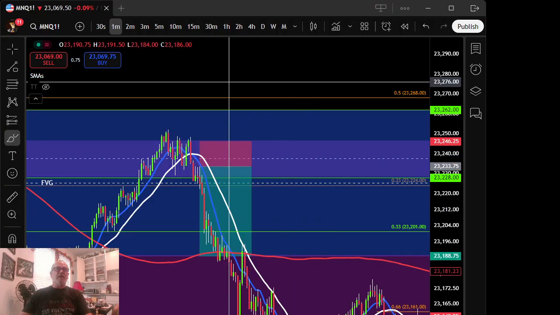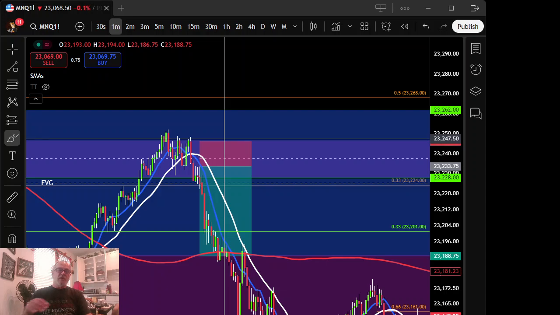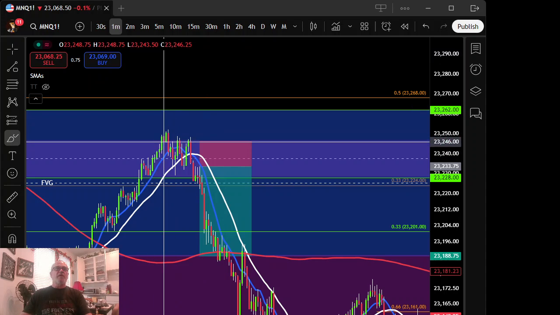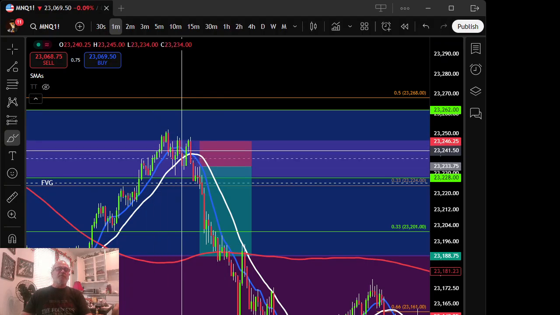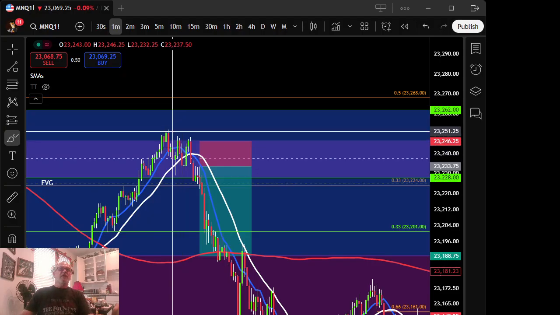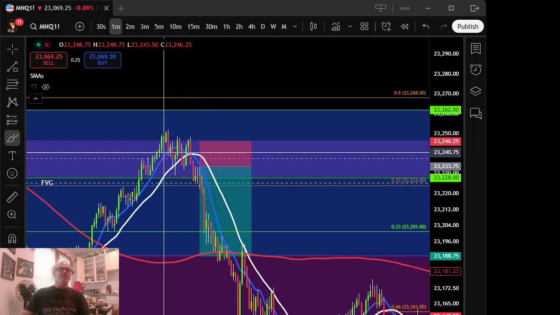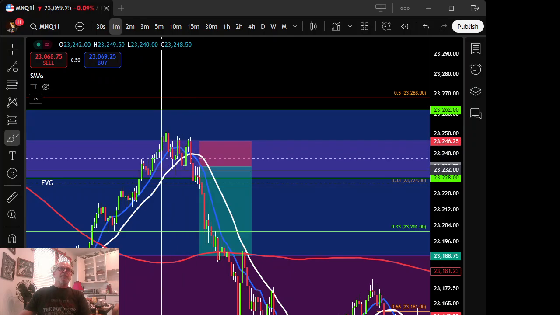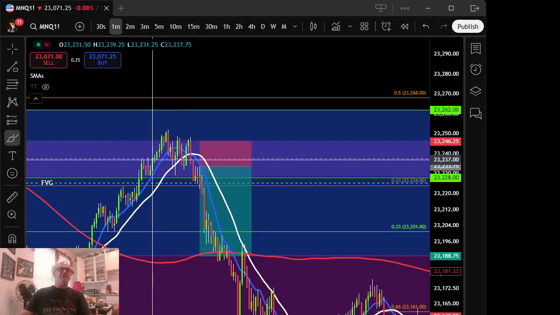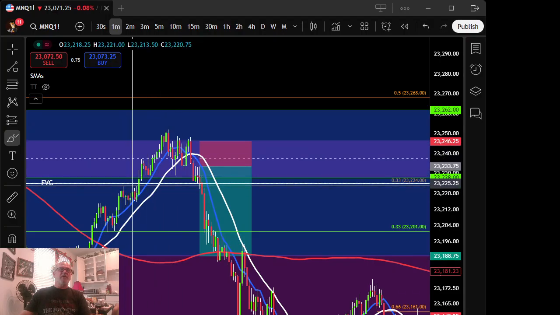The indices today, again, I took a couple of losses in the morning, but then right around 2 o'clock, which is a good time for the market to shift. It's one of those macros that I look at between 2 and 2:30. We reached up into this 4-hour fair value gap.